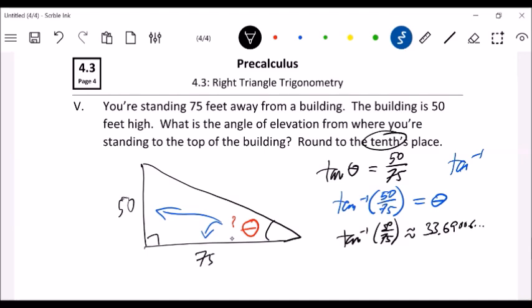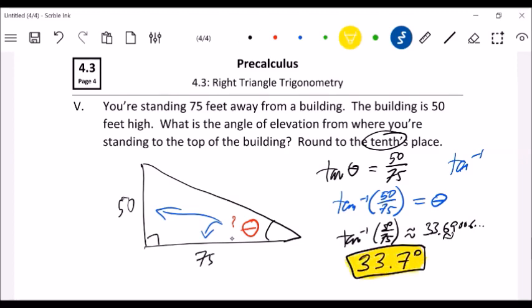And it says to round to the 10th place. That means we will use the 9, making the 6 into a 7. So we have 33.7 degrees. That is the angle of elevation.